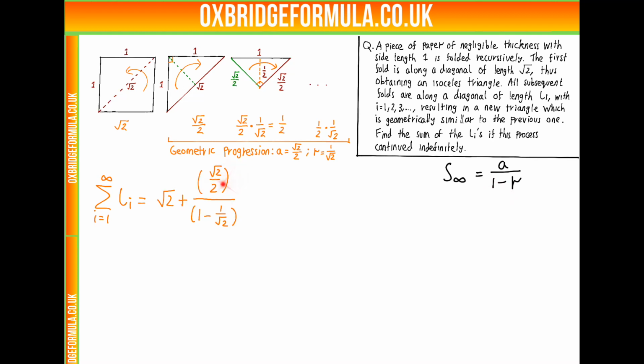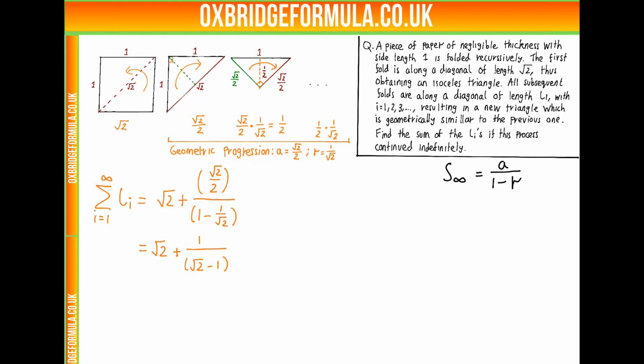So we have plus (√2 over 2) over (1 minus 1 over √2). Multiplying numerator and denominator by √2 tidies it up a lot. So we have √2 plus 1 over (√2 minus 1), because we get rid of the fraction in the denominator, and we get a tidier answer.